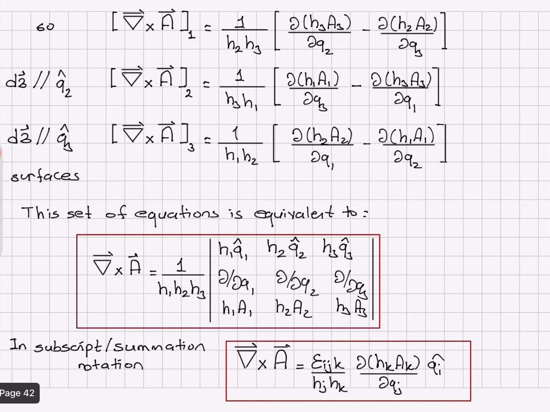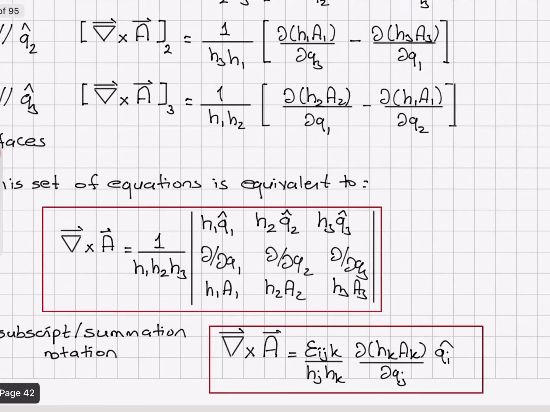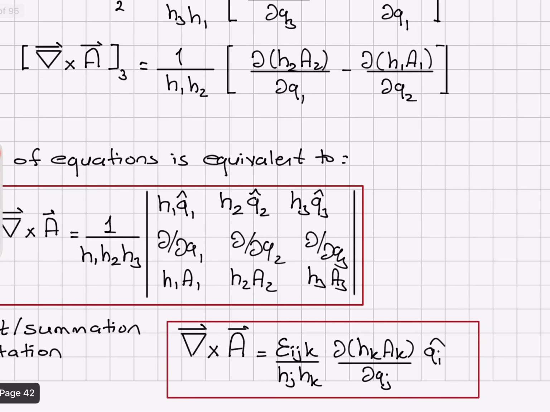So this set of equations is equivalent to this determinant: 1 over H1 H2 H3, with H1 Q1 hat, H2 Q2 hat, H3 Q3 hat, partial derivatives, and H1 A1, H2 A2, H3 A3. This can also be written in Einstein subscript summation notation, epsilon ijk in Qi hat direction.